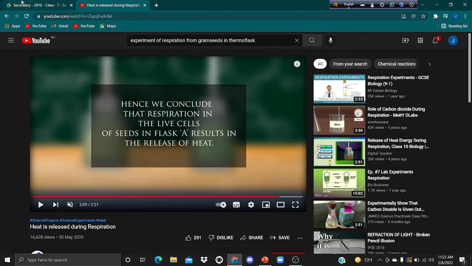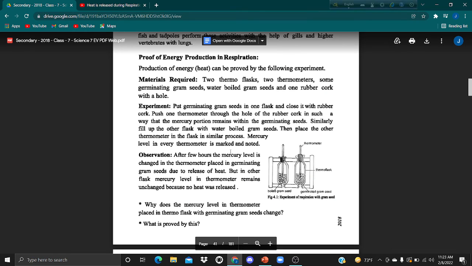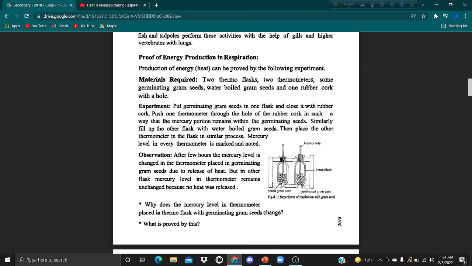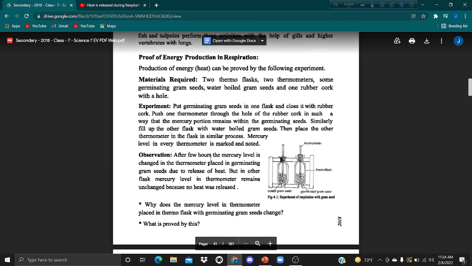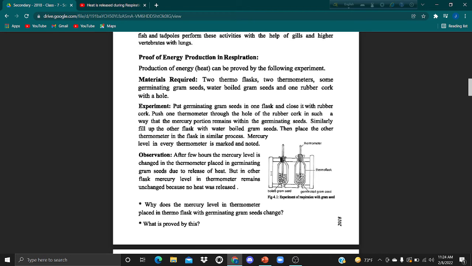What does it mean? And here in our textbook we can see two thermoflasks are there, two beakers are there, thermoflask and thermometer we place in the mouth of the beaker or thermoflask, and after a few hours the mercury level of the thermometer placed in the first thermoflask is raised up, due to releasing heat.